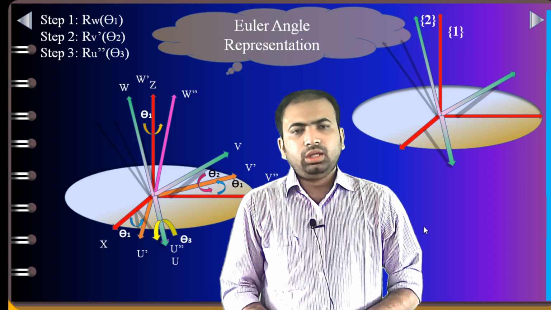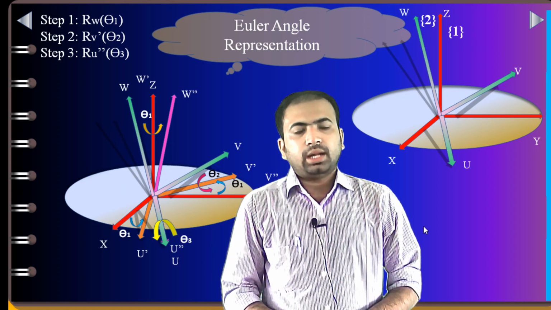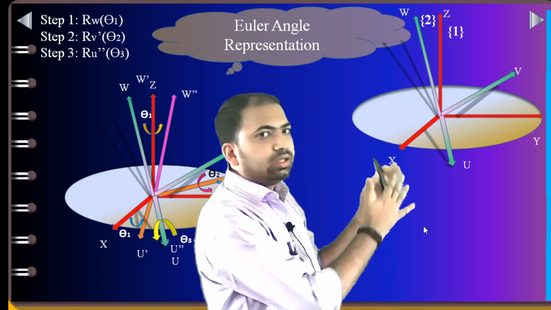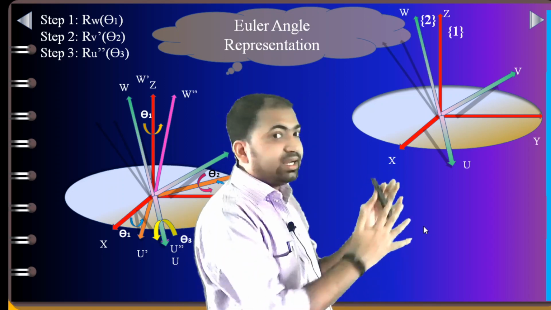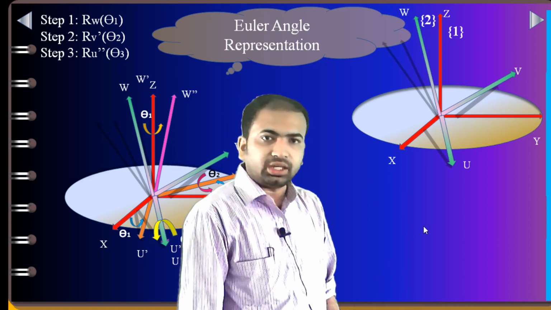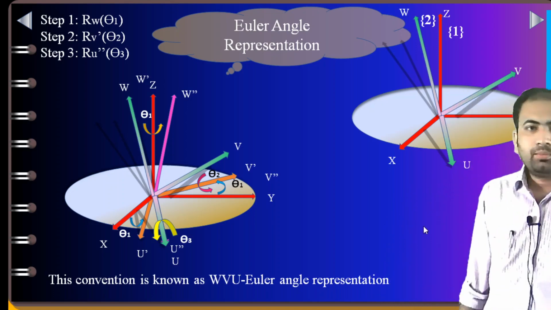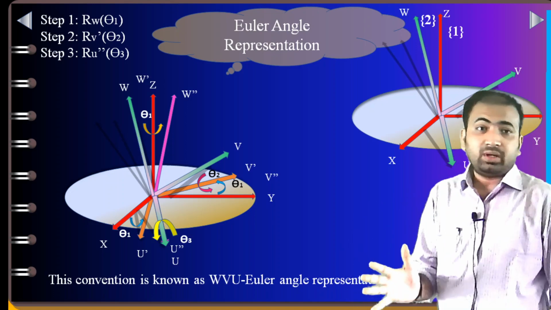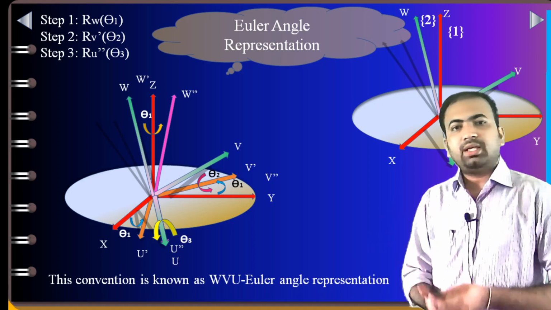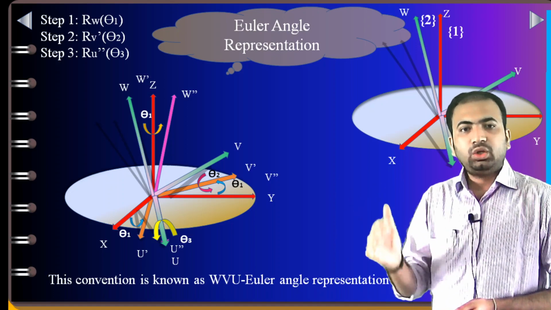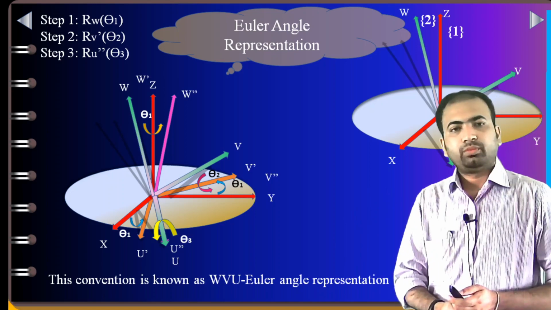Now if we move forward, we can see that the axes are also represented here, u v w as well as x y z axis, okay. Now as I have already told, here we are first rotating w axis, then v, then u, that is why it is also known as W V U Euler angle representation, right.